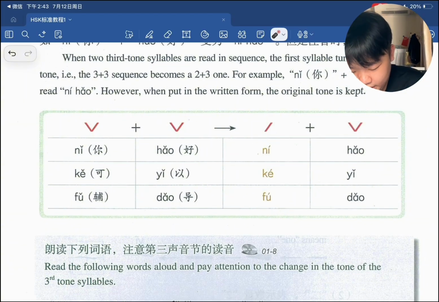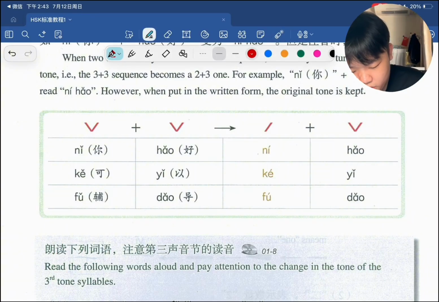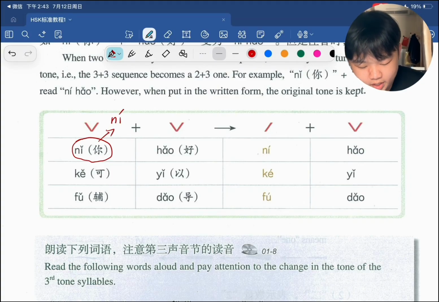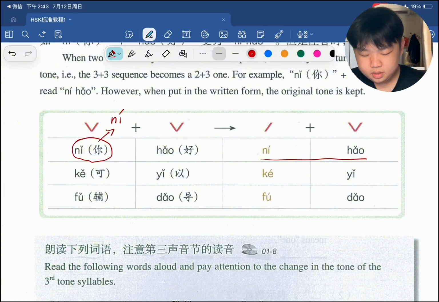Separately, both are the third tone, but when we say it, it automatically becomes ni hao. We change the tone of the first syllable into the second tone. So it is read as ni hao.